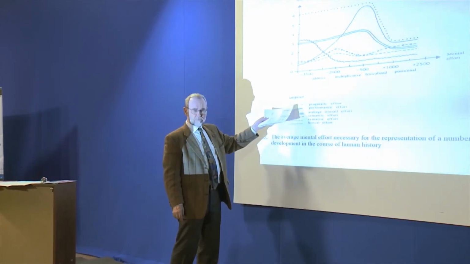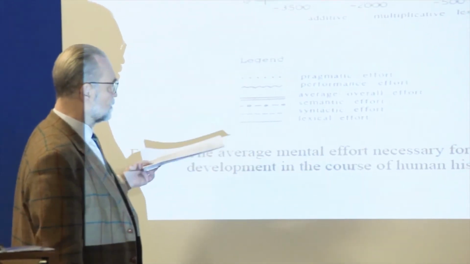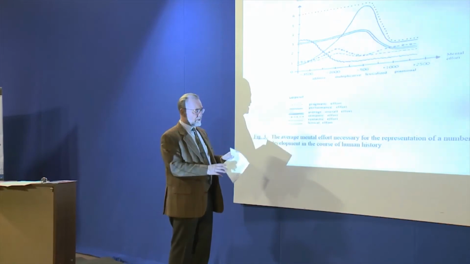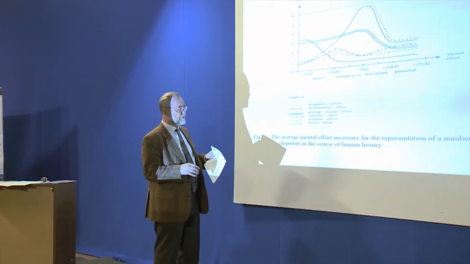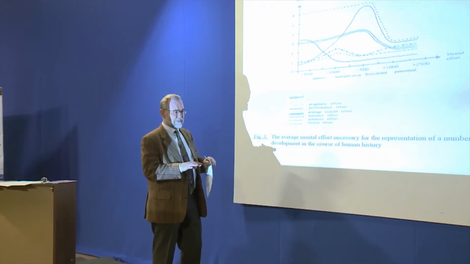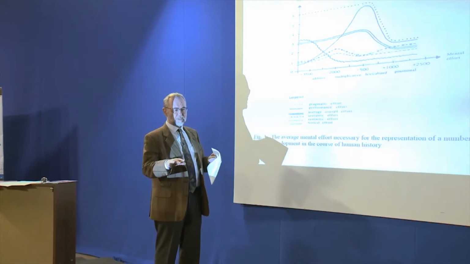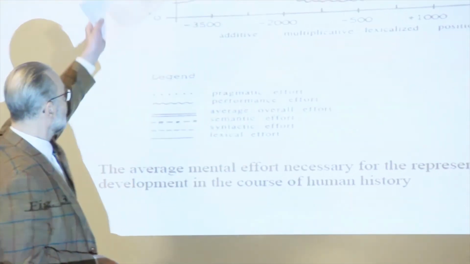The pragmatic effort was the effort I talked about when we had the question of complexity, but also the question of which types of numbers you want to deal with all the time, small types or big types or medium types. And that's what is here.